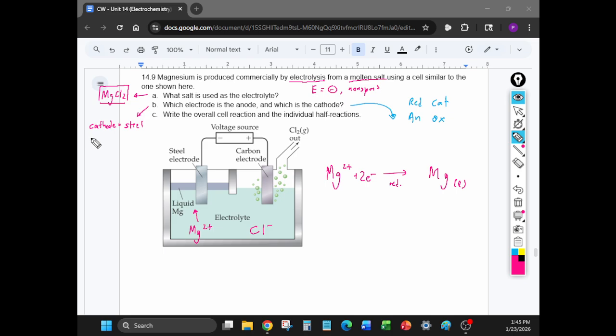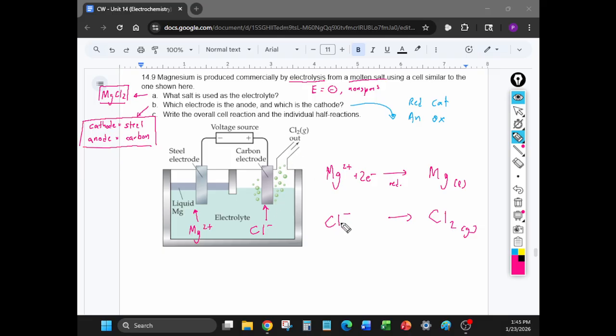Which means right away we can automatically know that the anode is going to be our carbon electrode. However, we can also test this independently without knowing the other one. If you take a look right here, what's happening at the carbon electrode? It looks like Cl- is turning into chlorine gas. As you can see right here, there's a bubbling and the chlorine gas escapes.